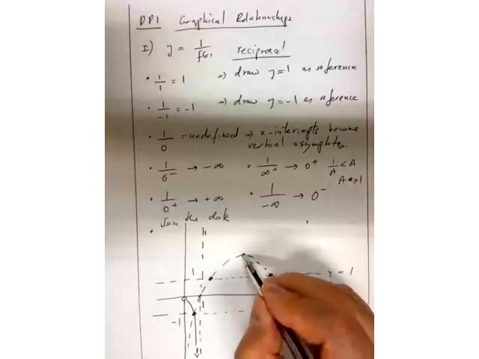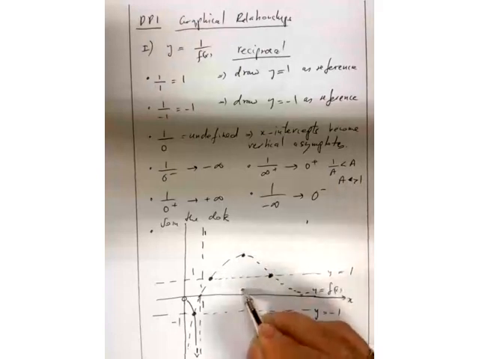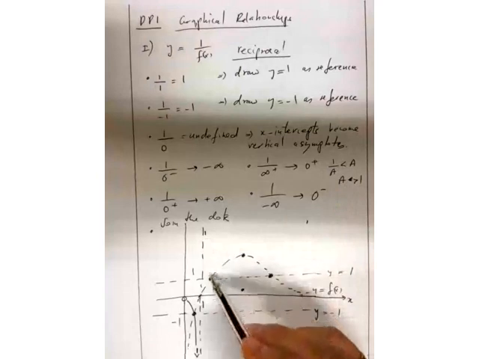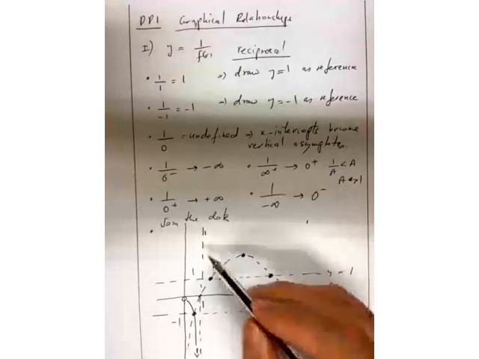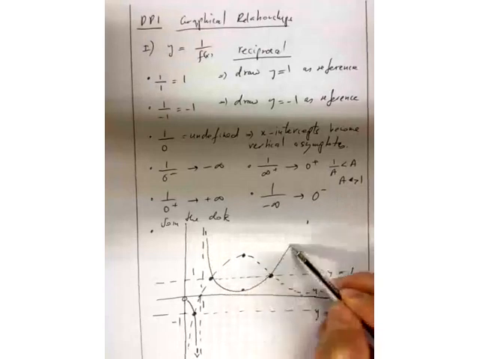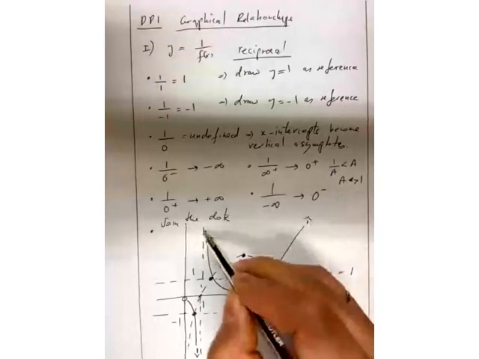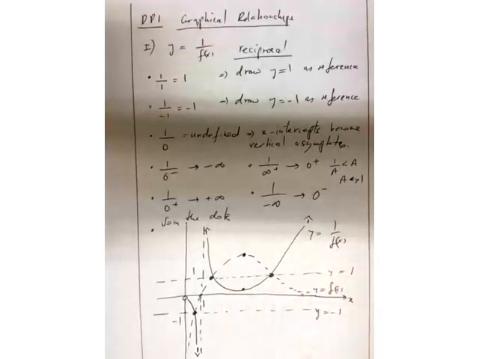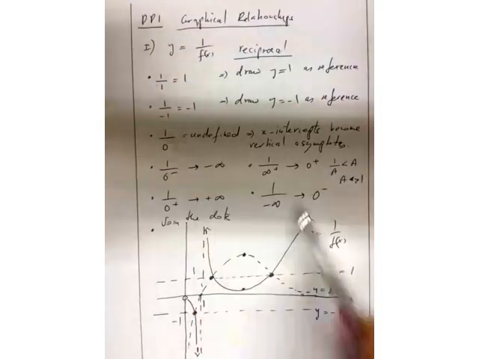So 1 over something bigger than 1 is something less than 1, which is under the line y equals 1. Can you see these dots joining up? It's very straightforward. You join those dots up, and that's basically your curve of y equals 1 over f of x. Following this simple theory, I'm going to stop there.